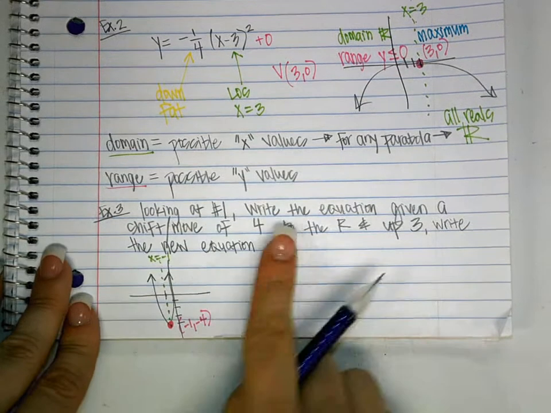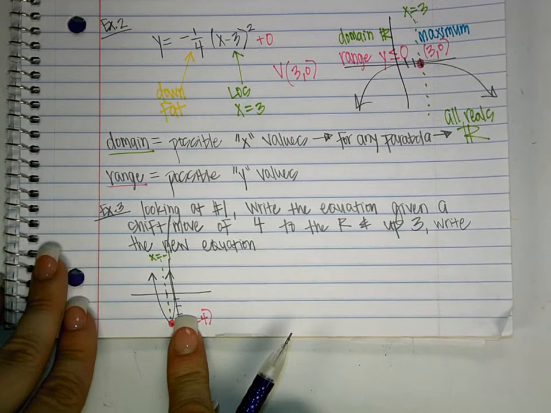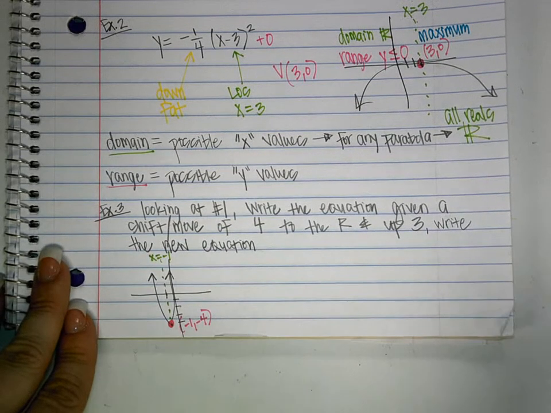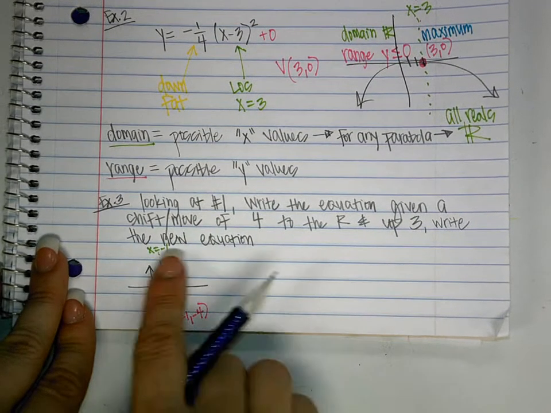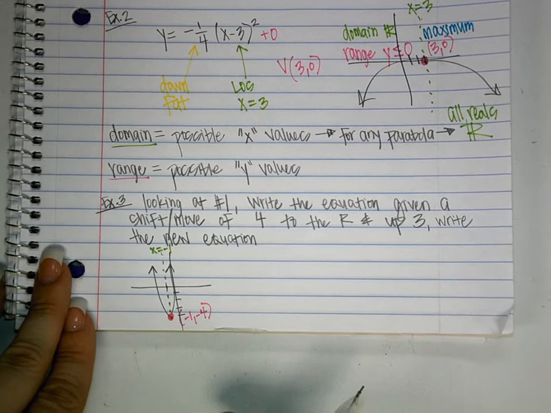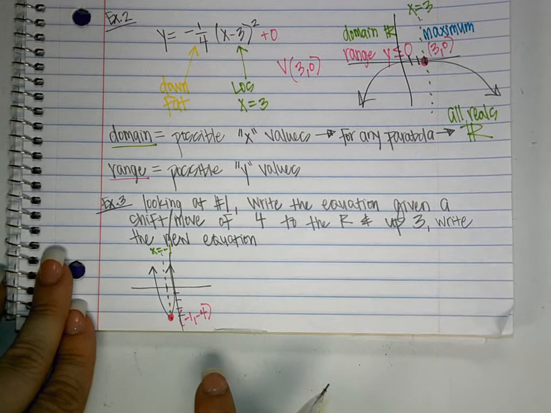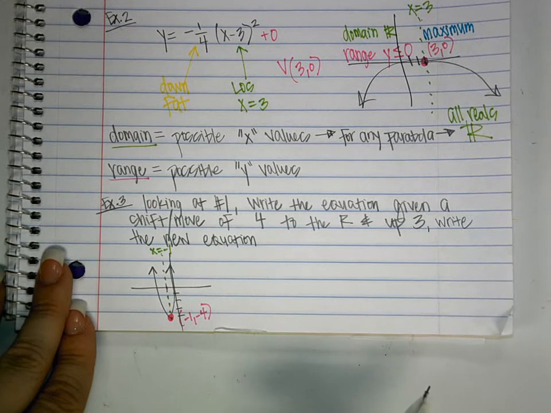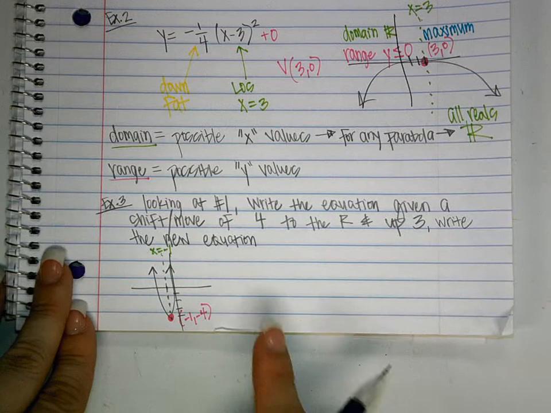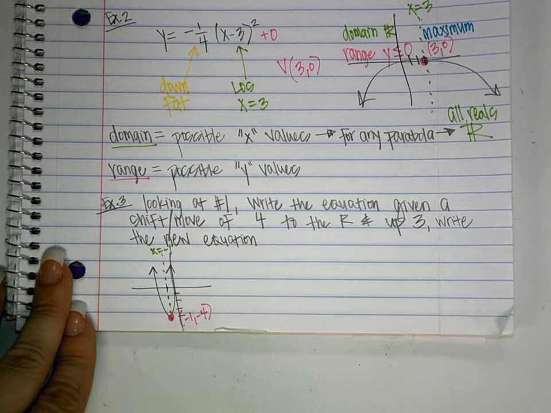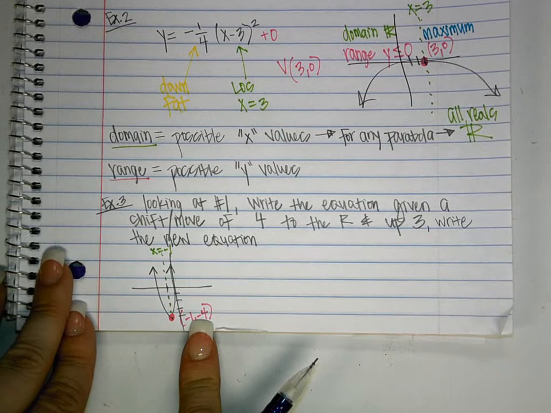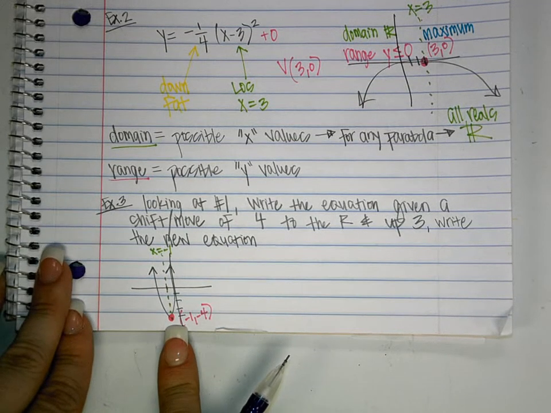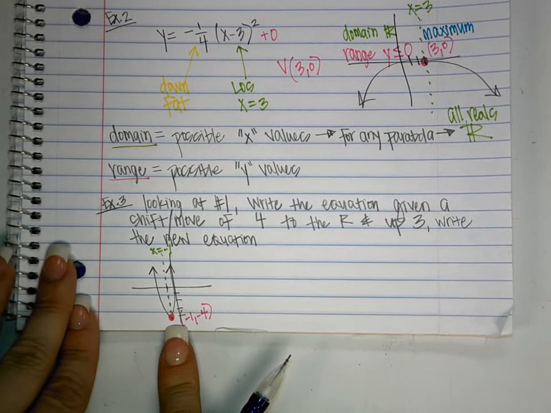Now, if I move this entire shape 4 to the right and up 3, what is the most important thing that I'm moving here? Well, I'm moving the whole parabola, but what does your equation tell you a lot about? The line of symmetry. What else does it tell you? The vertex. So all you really need to do in these shifts is look at what it does to the vertex. We're going to figure out where this moves the vertex.